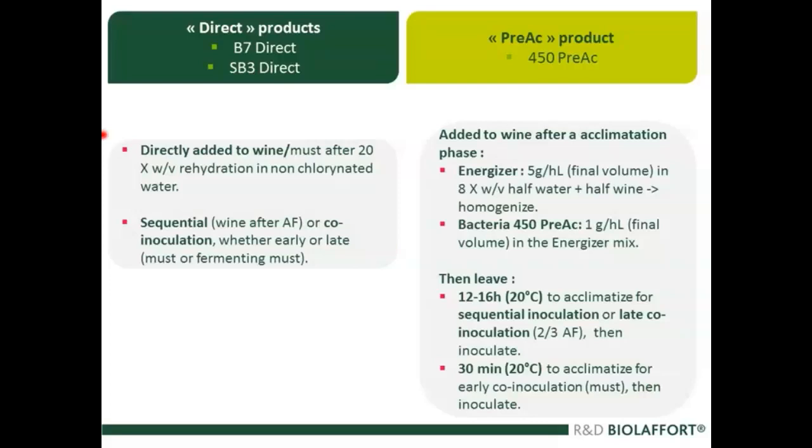Another product that is called 450 Preac needs to be acclimatized before it's inoculated into wine, and it needs to go through a first step where it will be acclimatized during 12 to 15 hours in a mix of half wine and half water with a cell-derived product called Energizer that is a nutrient for bacteria. 12 to 16 hours of acclimatation are needed if you're in the case of a sequential inoculation after alcoholic fermentation, meaning that you're inoculating in wine or almost finished wine.